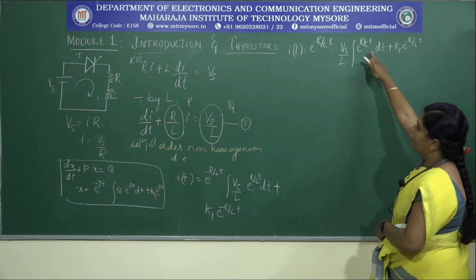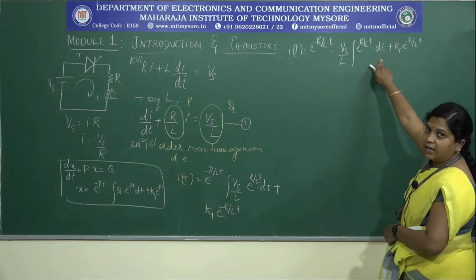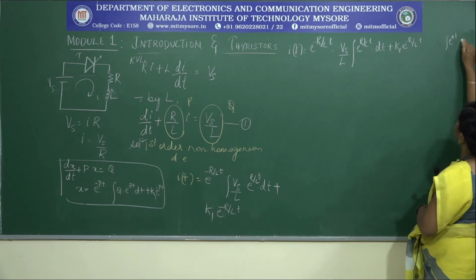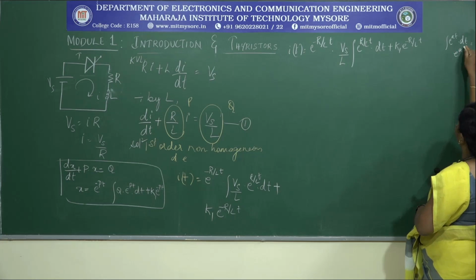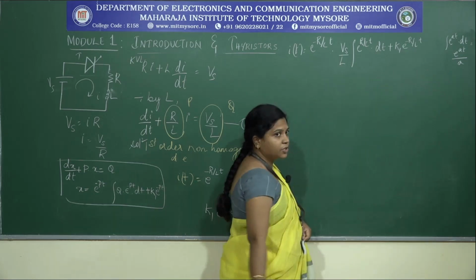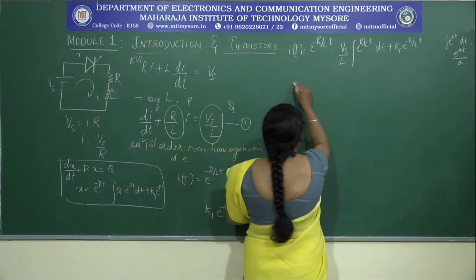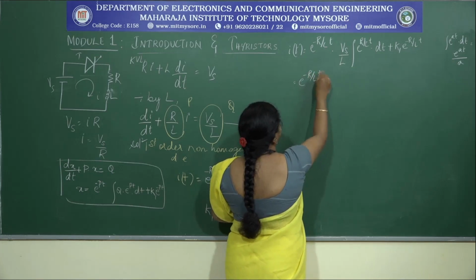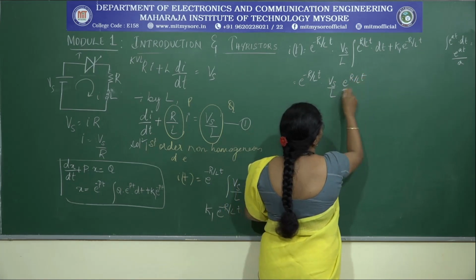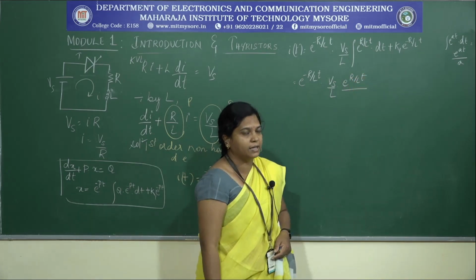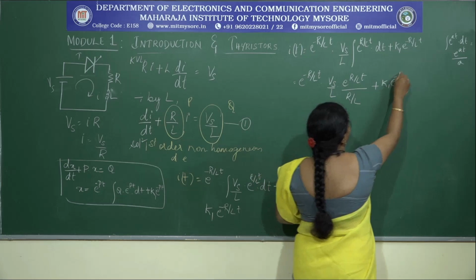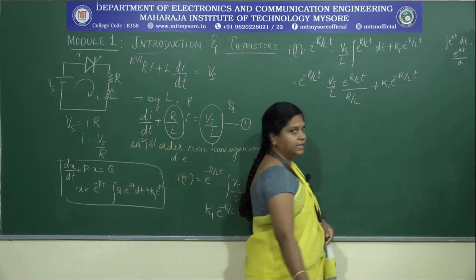Now, integrating e to the power of at with respect to t, we get e to the power of at divided by a. That is the standard form. Similarly, applying this integration principle here, we get e to the power of minus R/L t into Vs/L into e to the power of R/L t divided by R/L, plus K1 into e to the power of minus R/L t.